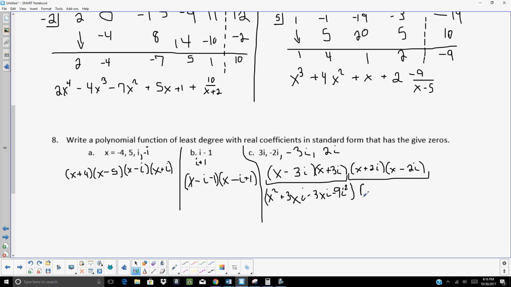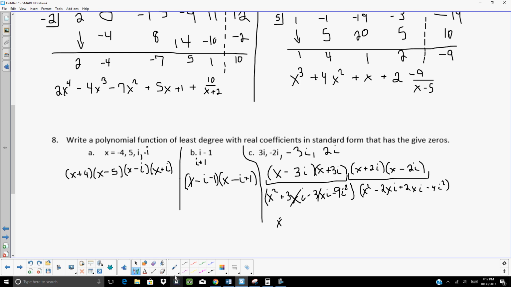And when you do that, you're going to get x squared minus 2xi plus 2xi minus 4i squared. Remember, i squared is the same thing as negative 1. So those cancel, and you have x squared.